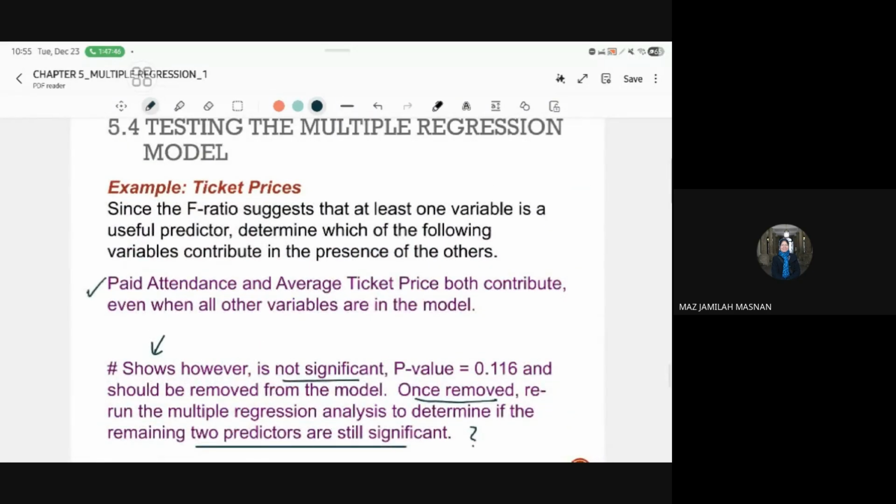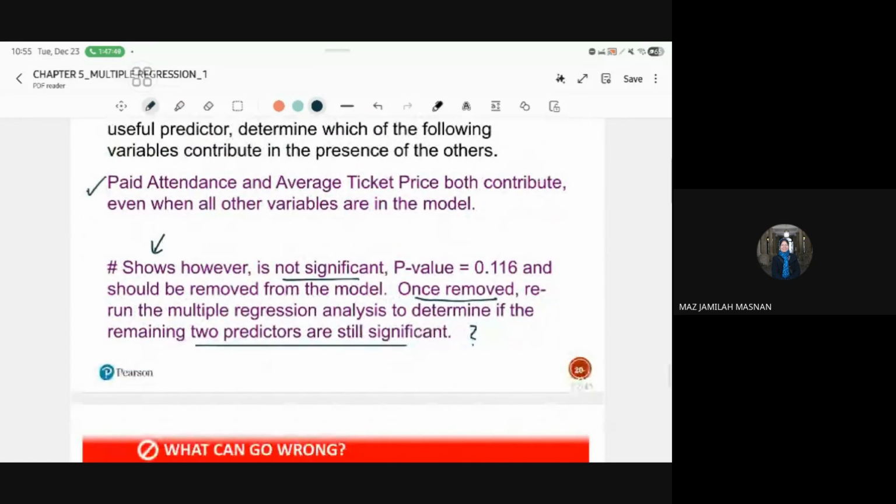So for the next class, I will try to get one more example that we can do in class, so that you can have the experience of solving the questions using Excel and generating the multiple linear regression, or multiple regression, using Excel. Or if you wish to use SPSS, you can also use SPSS.